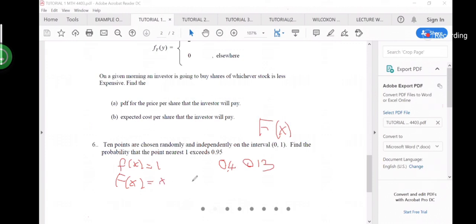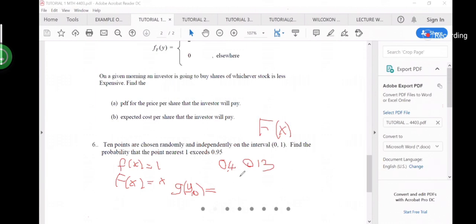Then you find the probability that the point nearest 1. You have 10 points, and the nearest to 1 is the nth order statistic, so you want to find G(y10).